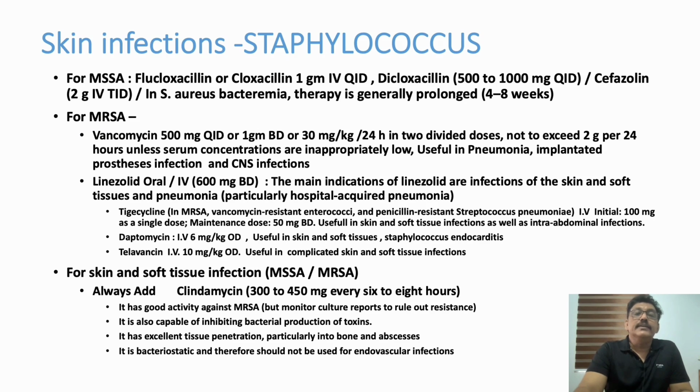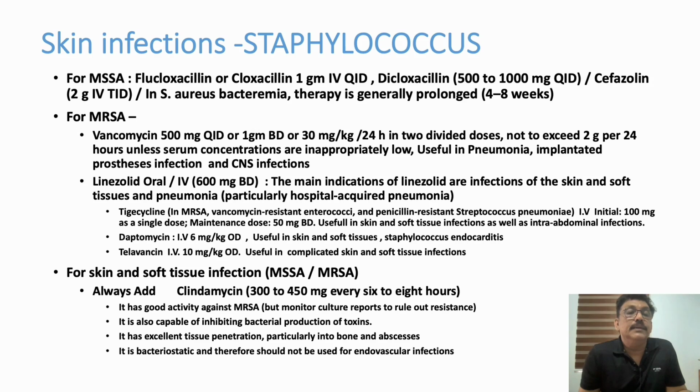Now, skin infection. The most important problem is two important groups of organisms: gram positive cocci like streptococcus and staphylococcus, and gram negative organisms and anaerobes. To cover all these, when the patient first comes to the hospital and there is no previous hospitalization for cellulitis, whatever the skin infection is, mostly they are gram positive cocci and may respond to penicillins.